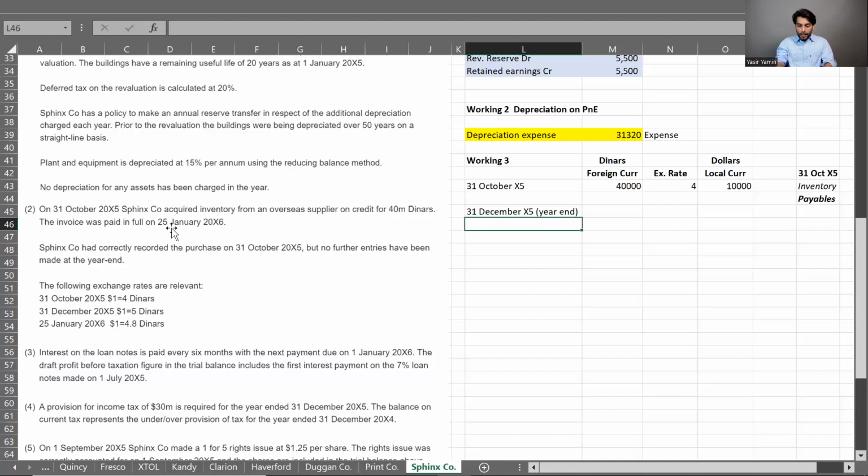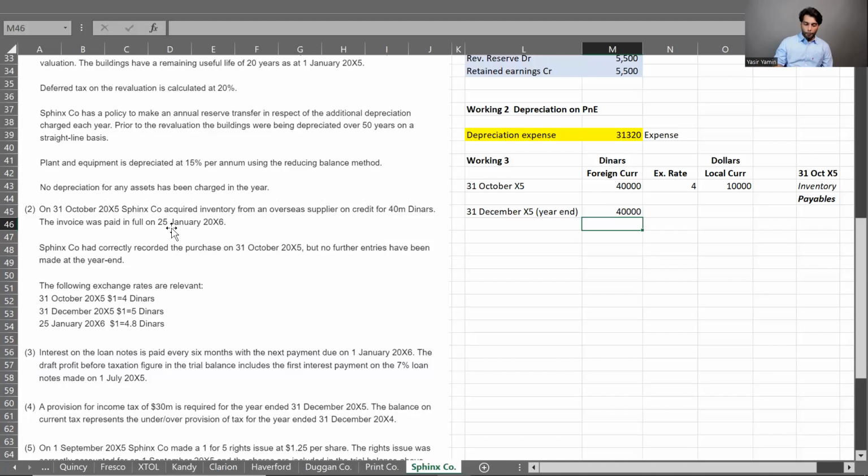And as per IAS 21, if you have a foreign currency liability in your books of accounts, you must retranslate it based on the closing date exchange rate to assess if the exchange rate movement has gone in favor or against you.